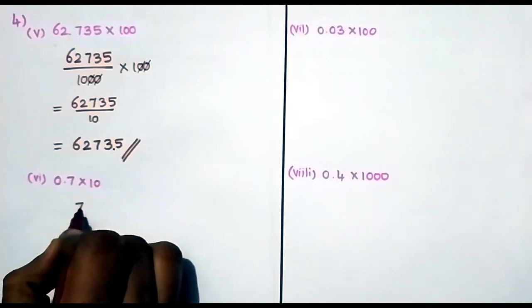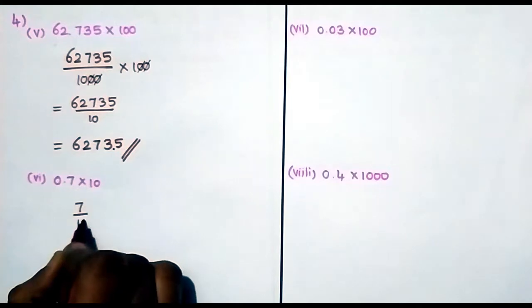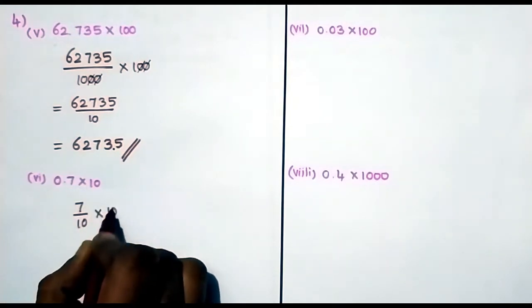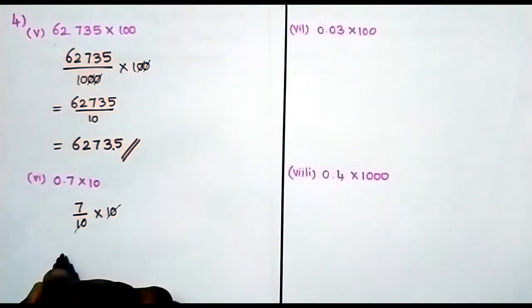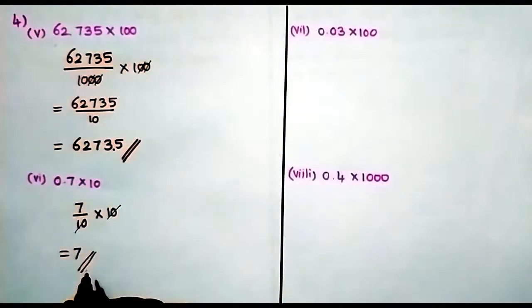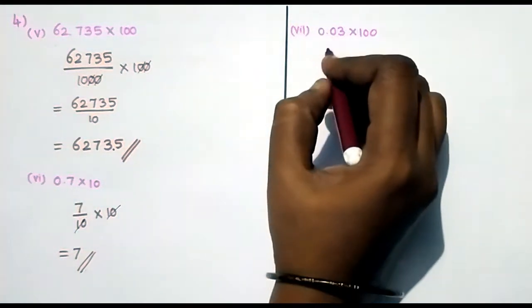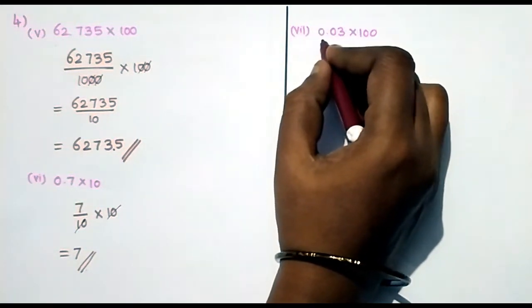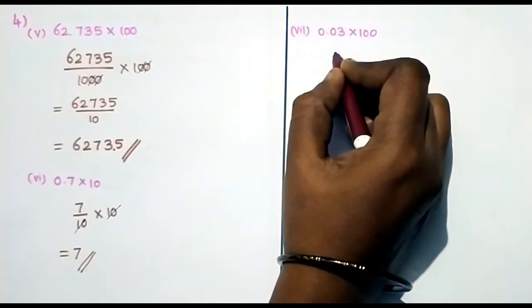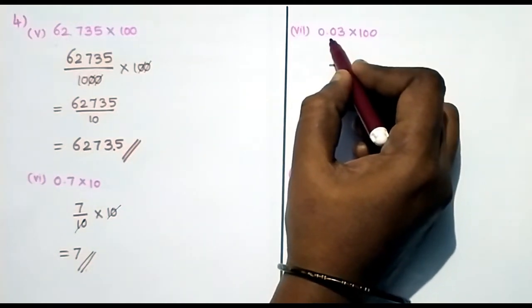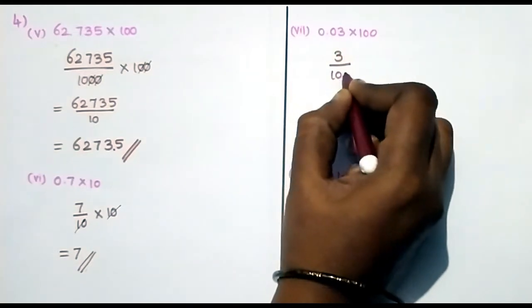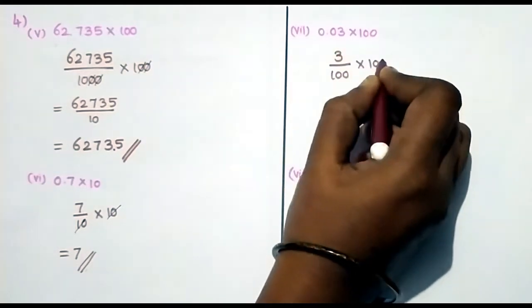Next sum, 0.7. So 7 by 10 into 10. So cancel 10 and 10. So answer 7 only. That is the answer. Next one, 0.03. 3 by, 2 digits are there after the decimal point, so 100 into 100.